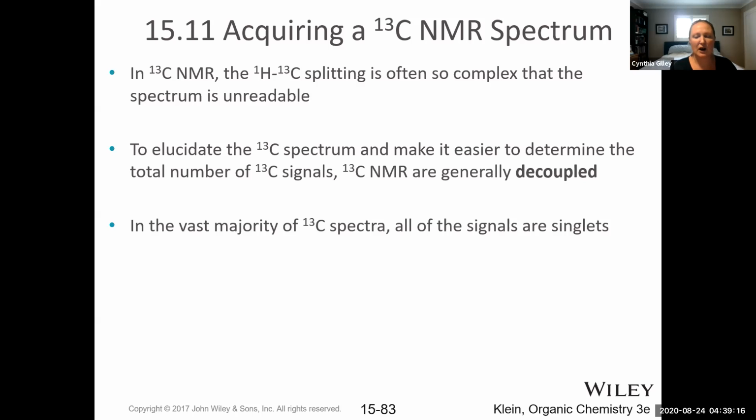So essentially there are no neighbors, even though there are neighbors, because all of the neighbors are in the beta state. So there's no difference. You don't split a peak into two if the neighbors are all the same. That's the way that they decouple it, and that just means that all the peaks are singlets, just one signal peak. That's good because they're a little bit taller, so we can see them more easily.